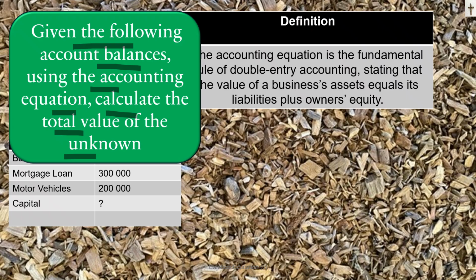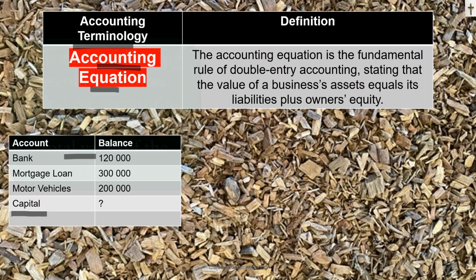So let's answer the question. Given the following account balances, using the accounting equation, calculate the unknown. Capital is unknown. The accounting equation: assets equals liabilities plus owner's equity. I like it: assets equals owner's equity plus liabilities.